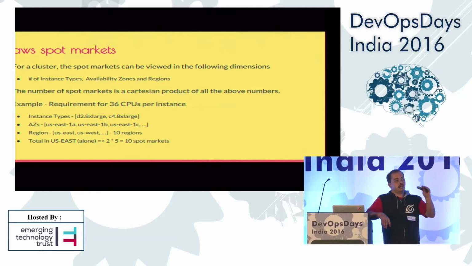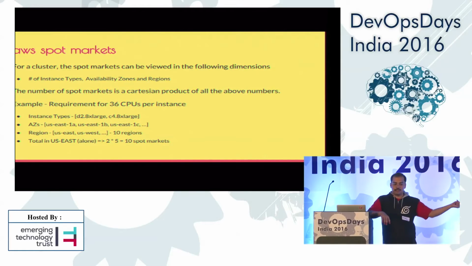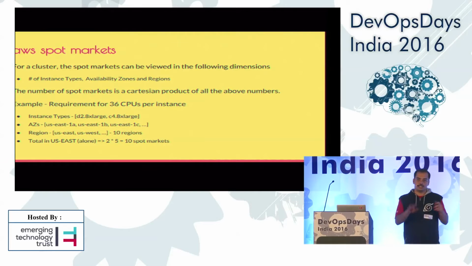Now, take an example: say I need an instance that has 36 CPUs. You have 2 instance type choices: a D2.8xlarge or a C4.8xlarge. These 2 instances are available across different AZs in different regions. You take a Cartesian product of all 3. You guys understand what a Cartesian product is, right?